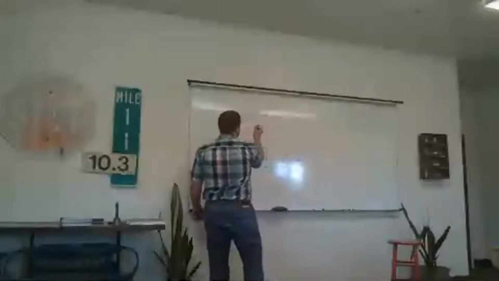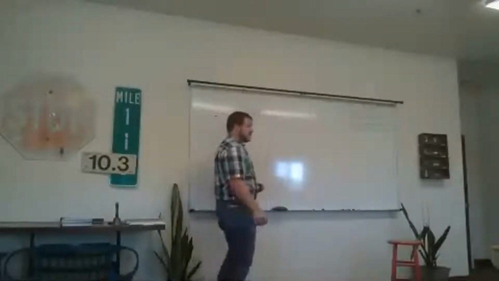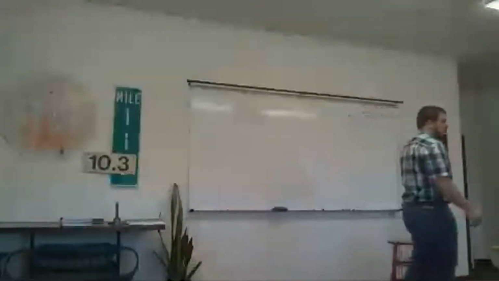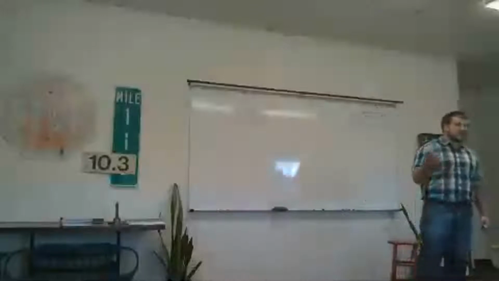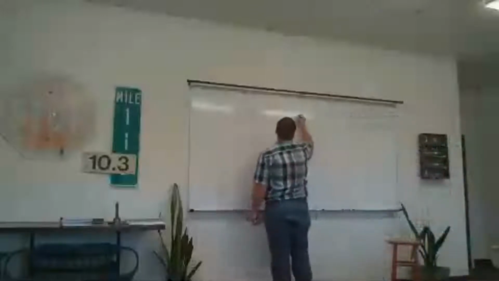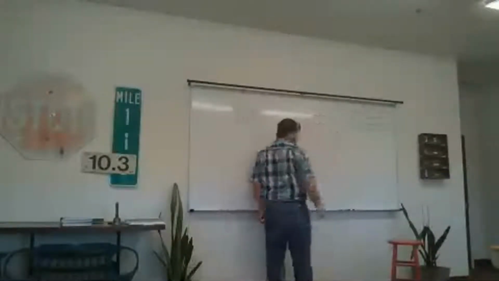So first things first, we can't just multiply a bare percent, right? We have to convert our percent to a decimal that we can multiply and divide by. So 3.5% equals what?